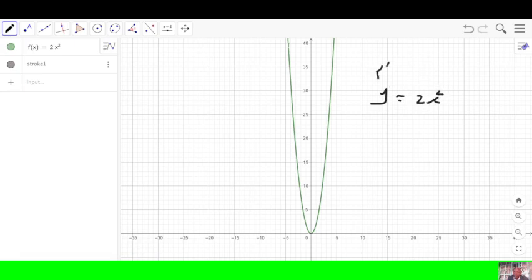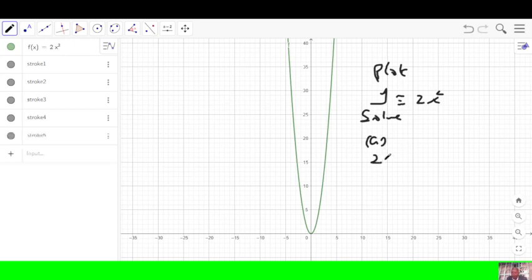First, you plot the graph of y equals 2x squared, then solve for 2x squared minus 8 equals 0. Now that's the equation that we want to solve.